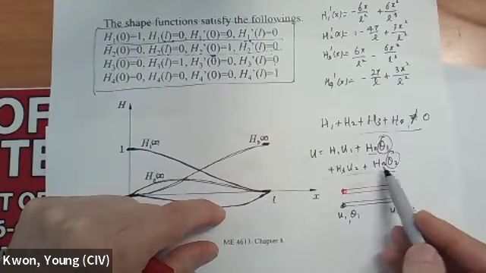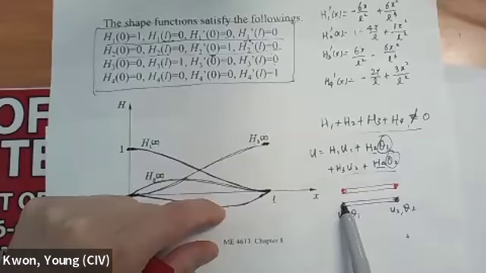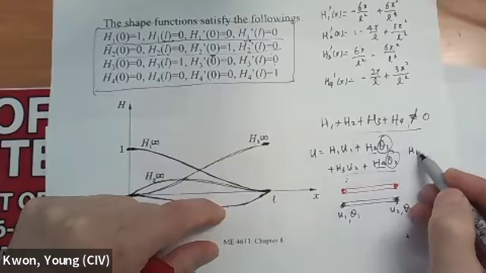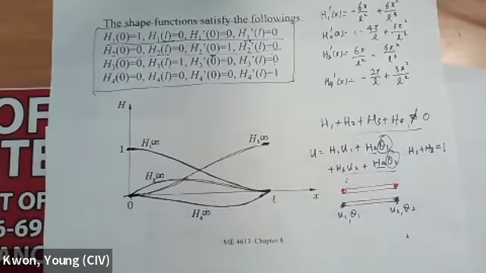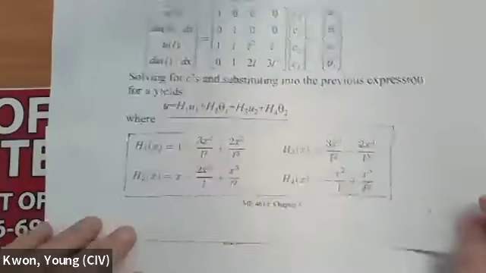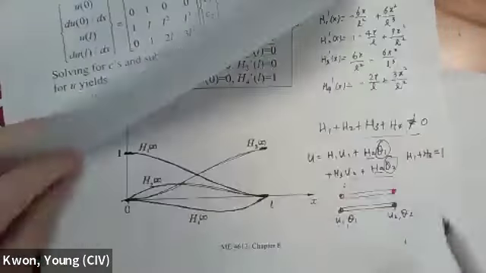So we don't have to worry about H2 and H4 because theta itself is going to be 0. Then u1 and u2, this displacement and that displacement, equal each other. That means H1 plus H3 should be equal to 1 to represent the rigid body motion. So check yourself: H1 plus H3, is it equal to 1? So that is equal to 1.